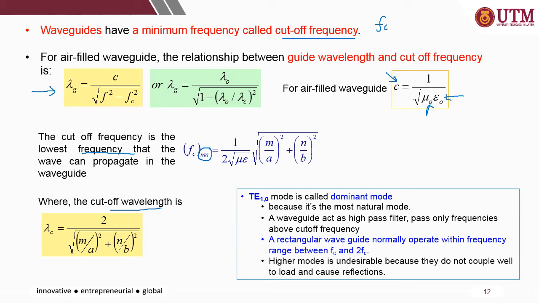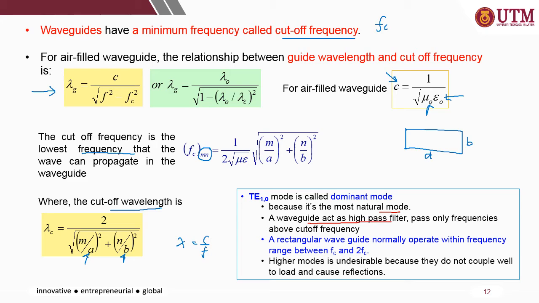You know that lambda equals C over F, so lambda C will be equal to C over FC, which depends on the mode numbers M and N, and also the structure dimensions A and B. And remember, for a rectangular waveguide, A is the longest width and B is the height. The dominant mode for a rectangular waveguide is TE10. It is a natural mode.